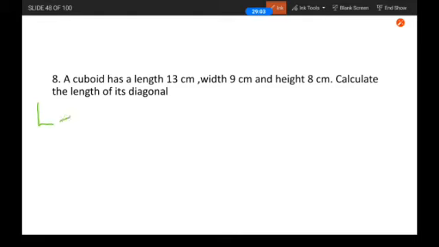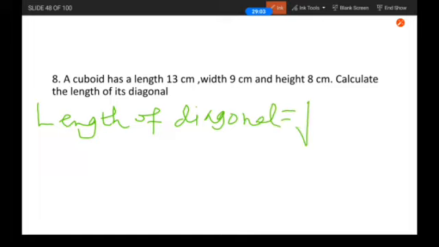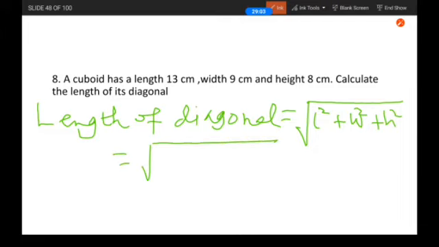Check up our previous videos. Length of diagonal of a cuboid is just equal to the square root of length squared plus width squared plus height squared. It's as easy as that. And that gives us 13 squared, 9 squared, 8 squared.